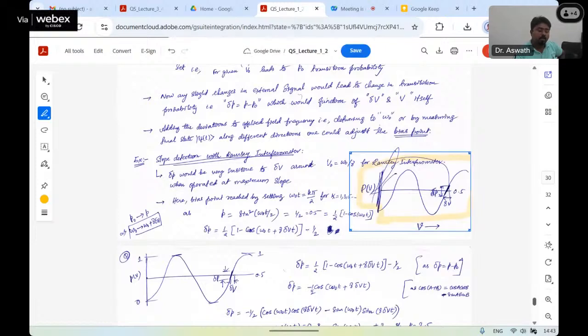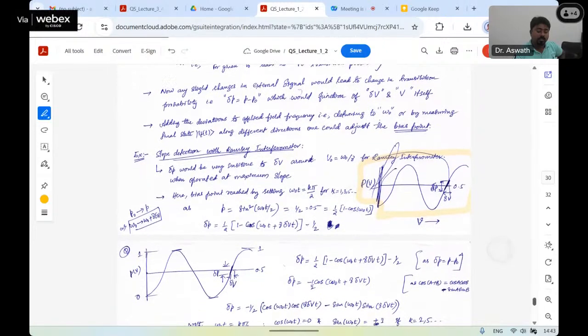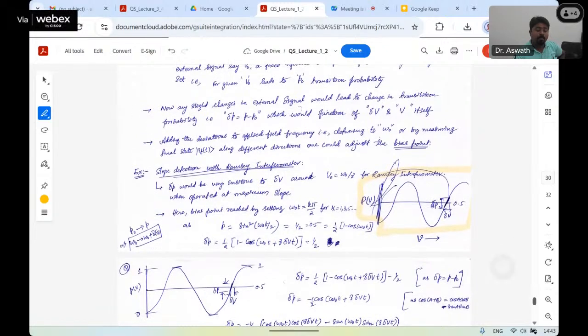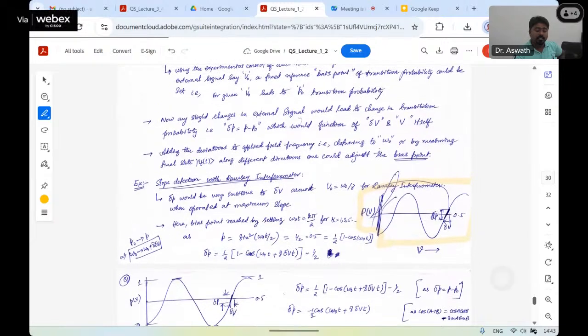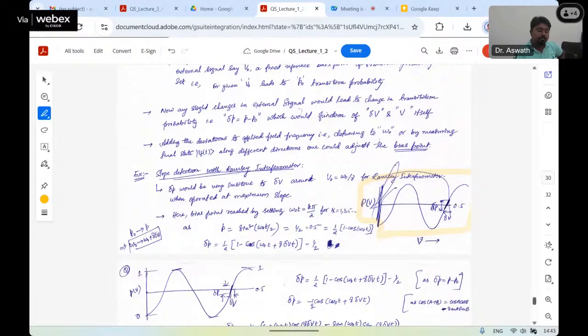Exploring the system in time means I am just changing the signal strength, bringing the signal near to the sensor or the sensor near to the signal. In that way, the strength is changing, and I can find the probability, which again happens to be a sinusoidal function.